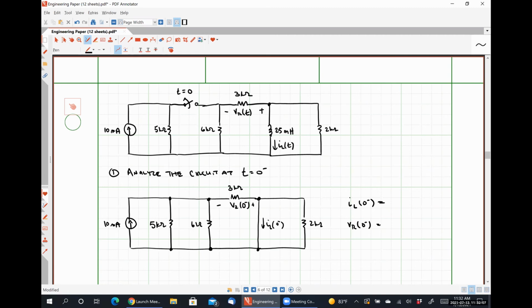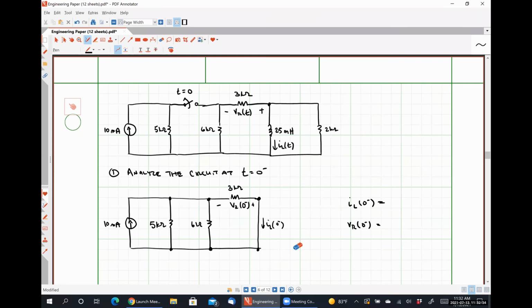But I want to point something out here. You've observed something that maybe not everybody else is going to observe, right? So that 2 kilo ohm resistor is in parallel with a short circuit, which means the 2 kilo ohm resistor isn't actually going to contribute anything whatsoever.